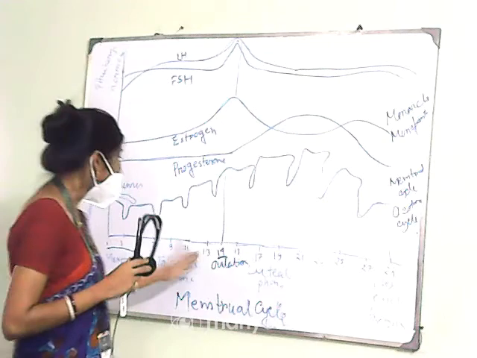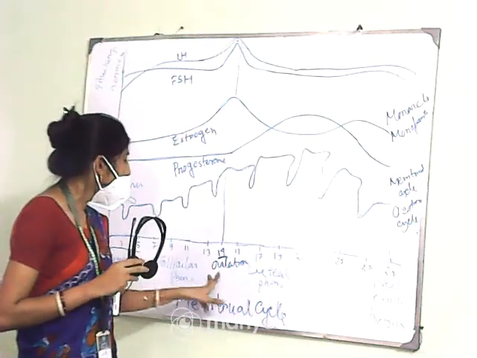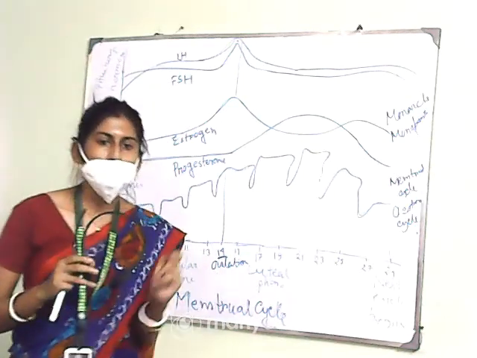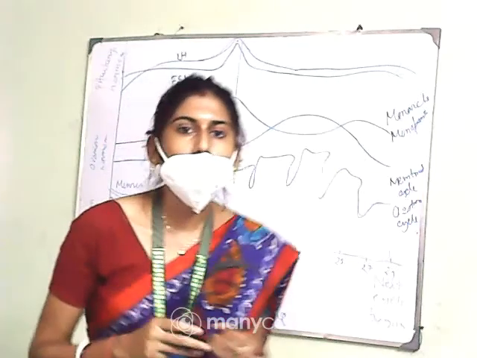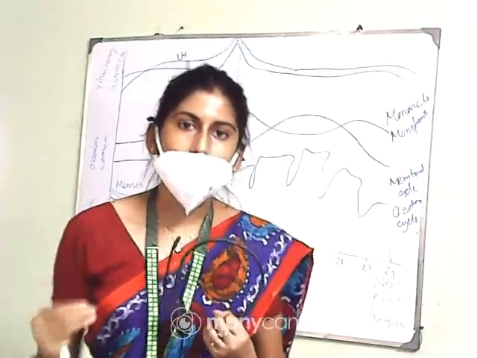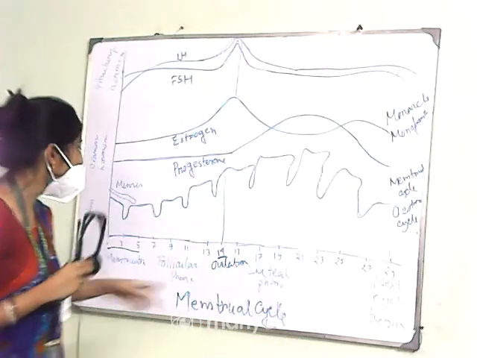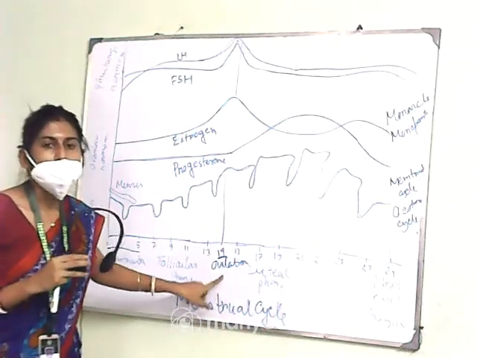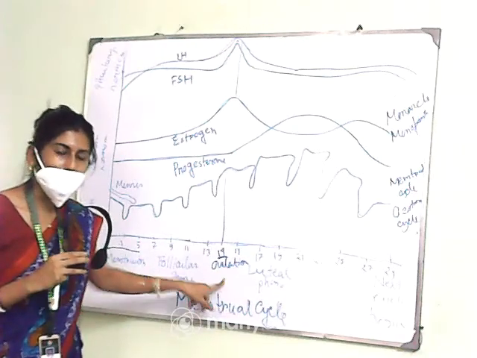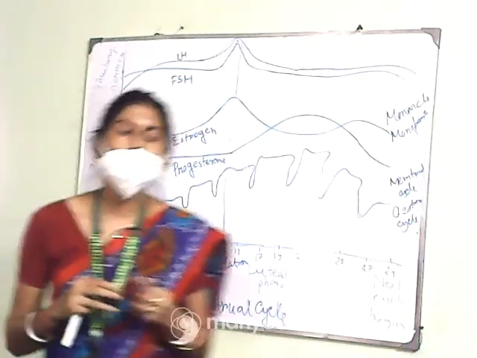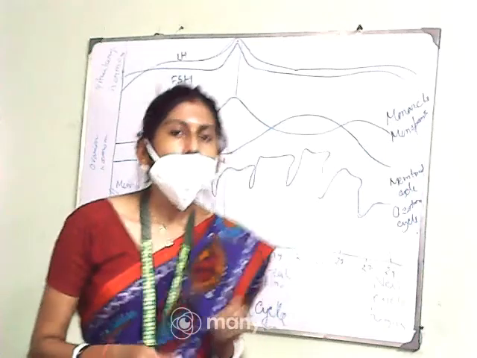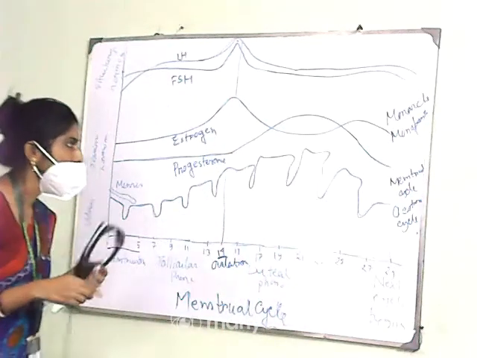So after the follicular phase, what will happen? From the mature Graafian follicle, the ovum will be released on the 14th day of the menstrual cycle. This is called ovulation, and the phase is particularly called the ovulatory phase. So how can you determine that it is on the 14th day?